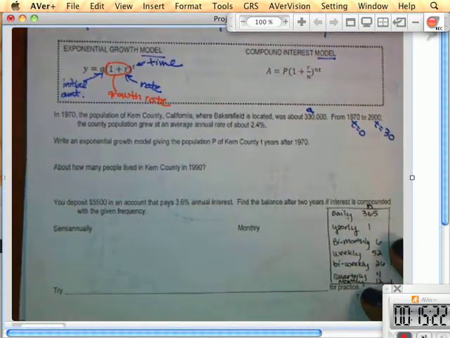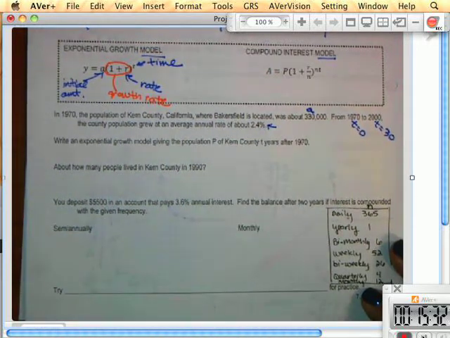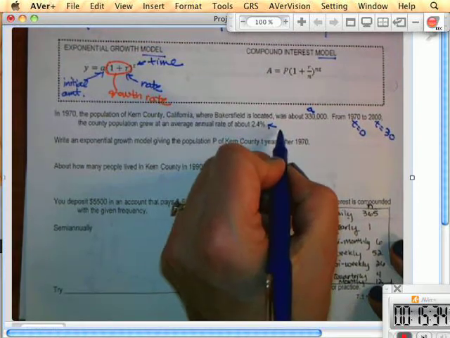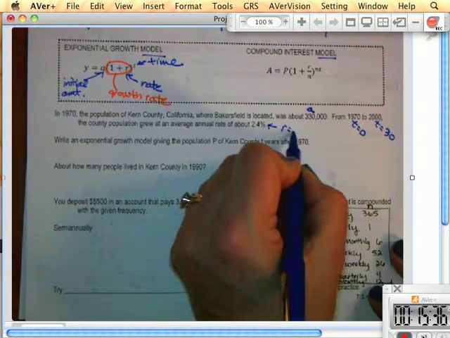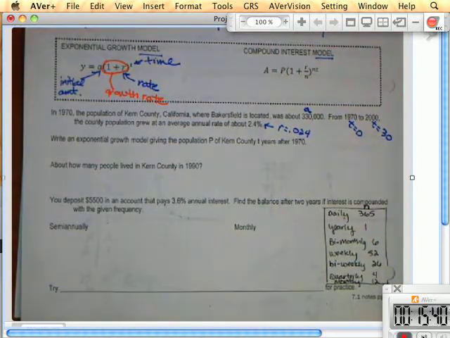The county population grew at an average annual rate of 2.4%. Now you have to be careful. We can't use it in this form. We always have to convert the percent to what? Decimal. So it's going to be r equals 0.024. Okay, now let's see what we got to do.